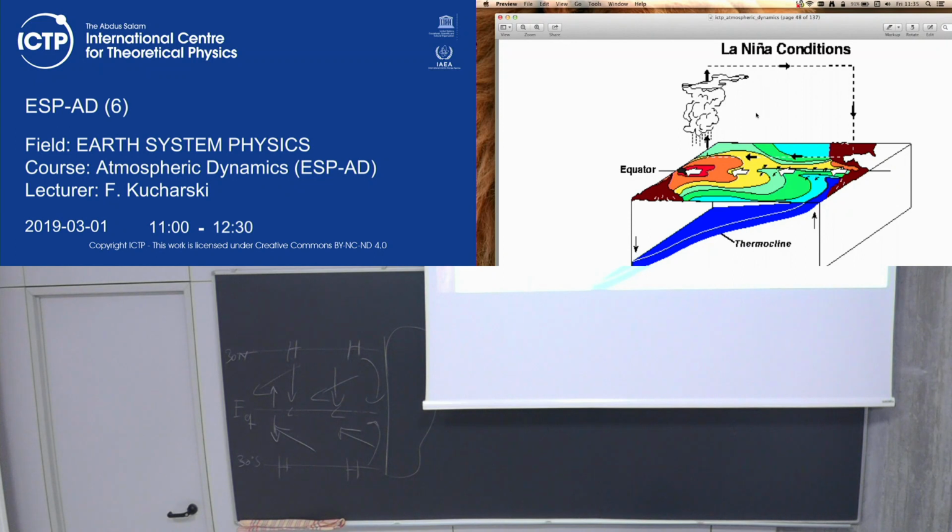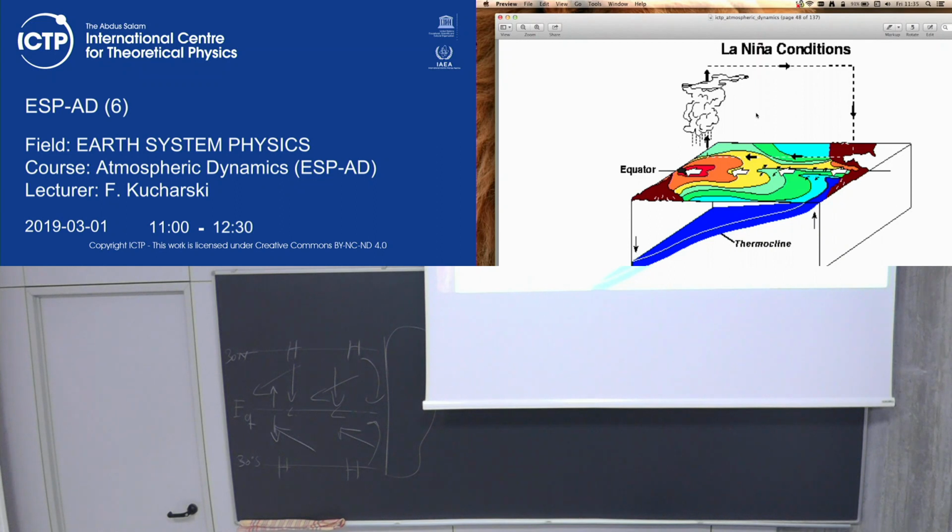This is called the Bjerknes feedback in the Pacific. It works everywhere in principle, but it's most prominent in the Pacific. You have a positive feedback between the ocean and the atmosphere. And the same Bjerknes feedback is actually at work when an ENSO event is developing, but in the opposite direction.